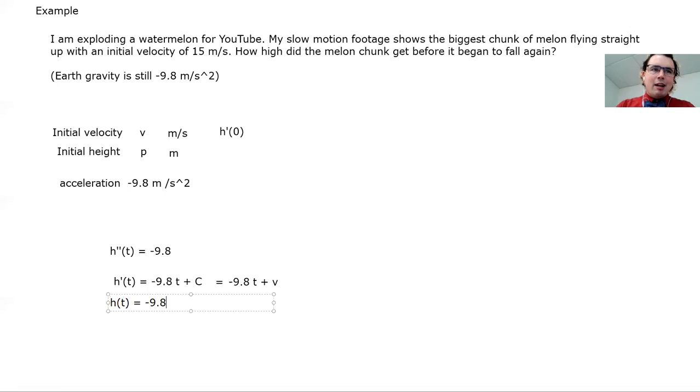Now I'll have negative 9.8t squared, all divided by 2. And then I'm going to add on v times t, and I'll have some constant again. And again, these are potentially different constants, this one here and this one here. I'd run out of the alphabet eventually if I kept using different letters.